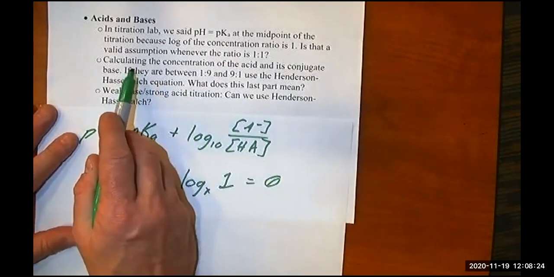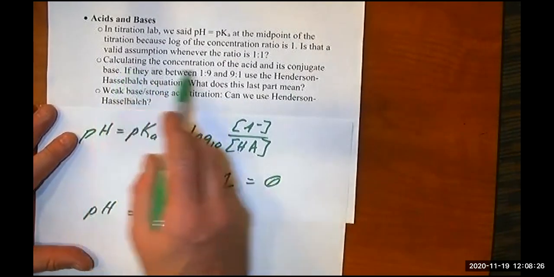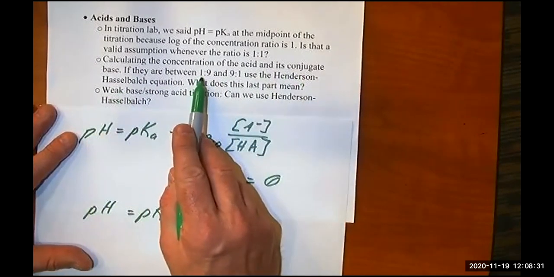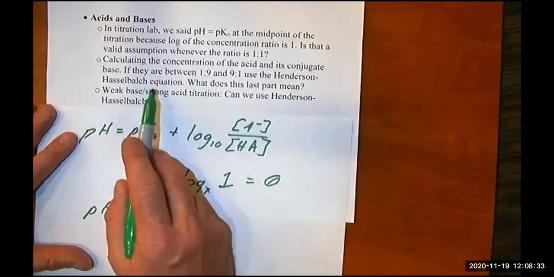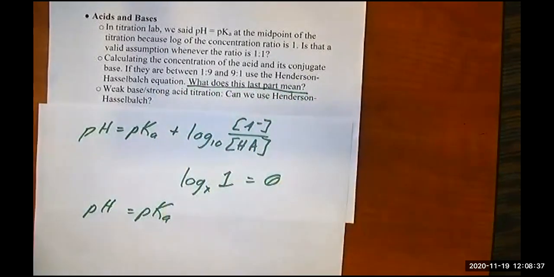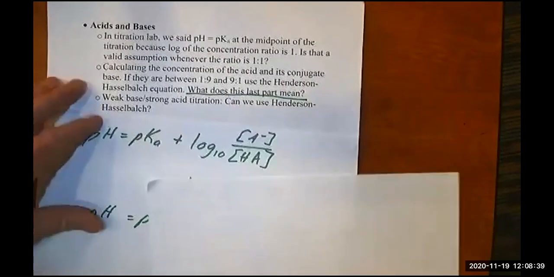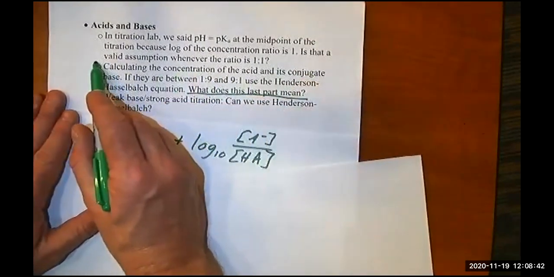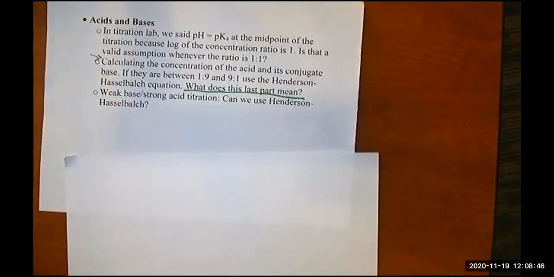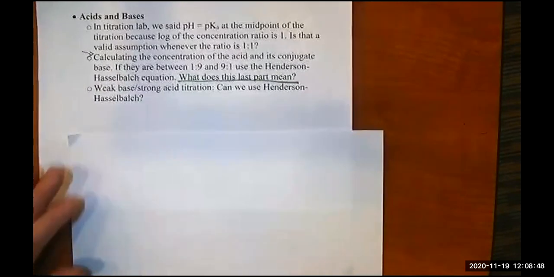And the idea is to calculate the concentration of the acid and its conjugate base. If they're between 1 to 9 and 9 to 1, use the Henderson-Hasselbalch equation. And somebody was confused about what this last part meant. Let's set it up a little bit and talk about the first part first, calculating the concentration of the acid and its conjugate base. And then we'll get to what the second part is.